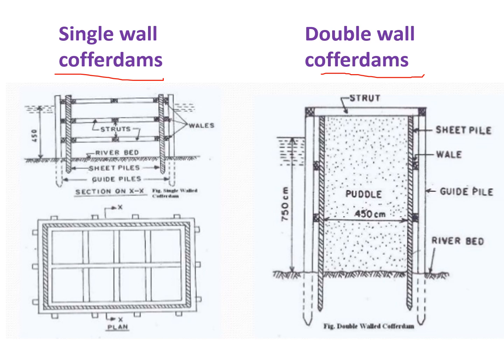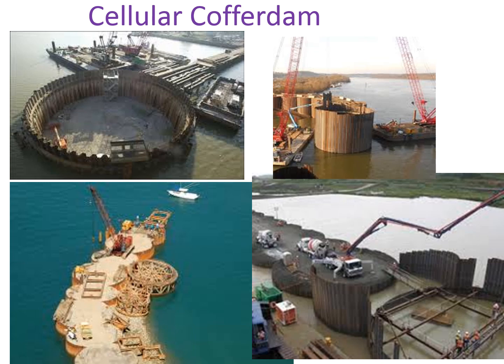Here a single layer of sheet pile is there on the outside of your working area, while in this case double sheet piles are used, and inside that the puddle is utilized to make it stronger, and then it is utilized for dewatering, and then construction is done.